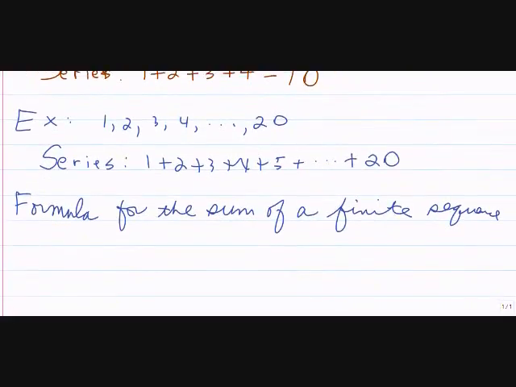And that formula, we'll abbreviate that as S sub n because it's a series and it's a sum. And that formula is, if I've got n numbers in my sequence, take that n, divide it by 2, multiply that times the first number in my sequence added to the last number in my sequence, and I get the sum.